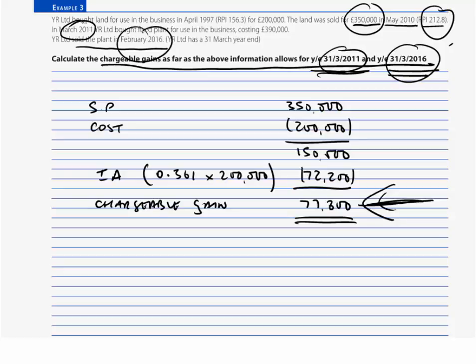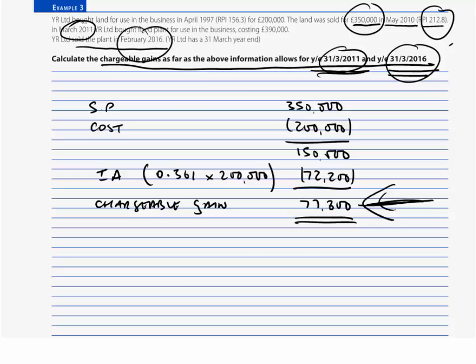We haven't yet got to March 21. No reference to the plant no longer being used within the trade. So February 16, that occurs within 10 years of the acquisition date. So it is that date that therefore is used as being the time when the deferred gain will crystallise. So in the year ended 31st of March 16, the deferred gain of 77,800 will then crystallise.